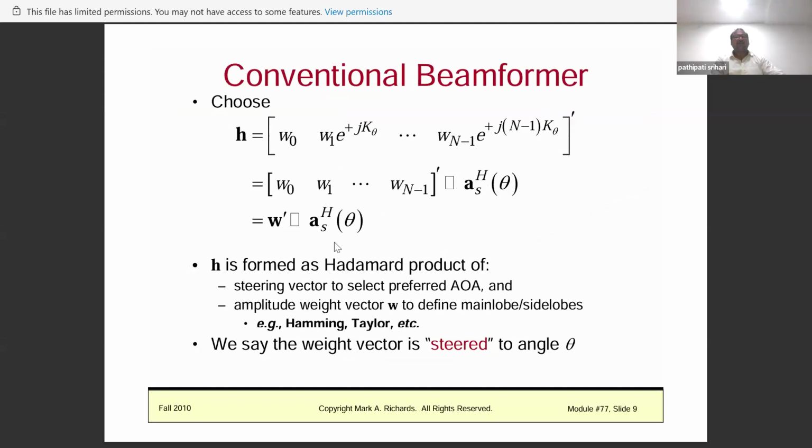This weight vector H is formed as the Hadamard product of the steering vector to select the preferred AOA and the amplitude weight vector W to define the main lobe or side lobes.